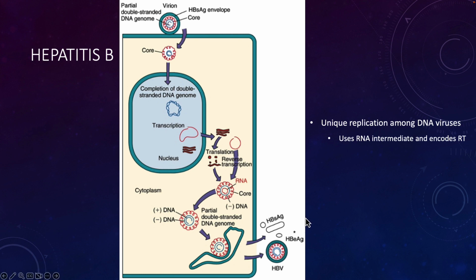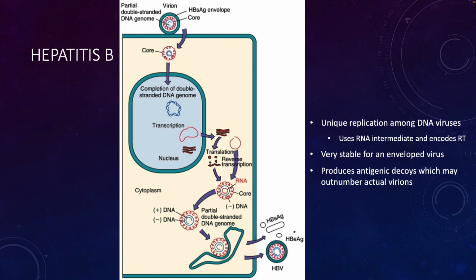One of the other unique things that the hepatitis B virus does is it produces what are called antigenic decoys. So it sends out proteins or pieces of an envelope that basically bog down the immune system. They trick the immune system, and the immune system will attack these decoys, allowing the virus to spread from cell to cell to cell.